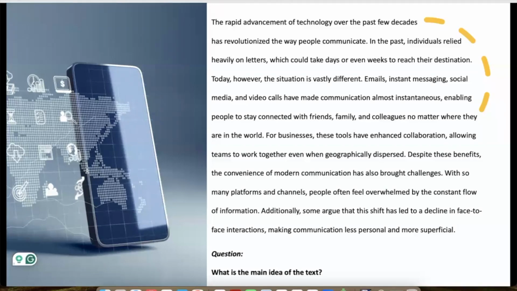Yusuf says technology advancements have revolutionized communication by making it nearly instantaneous, but they also present challenges like information overload. Good job, Yusuf. Ya Chen says rapid advancement of technology over the past few decades makes it easier for us to communicate instantaneously from anywhere. It also enhances business collaboration.